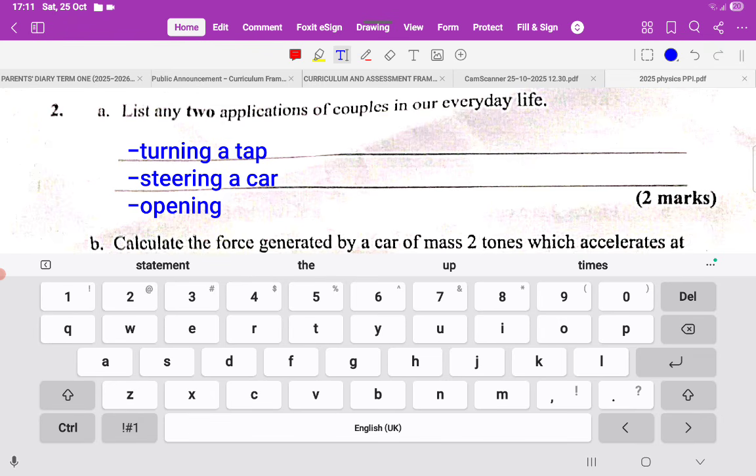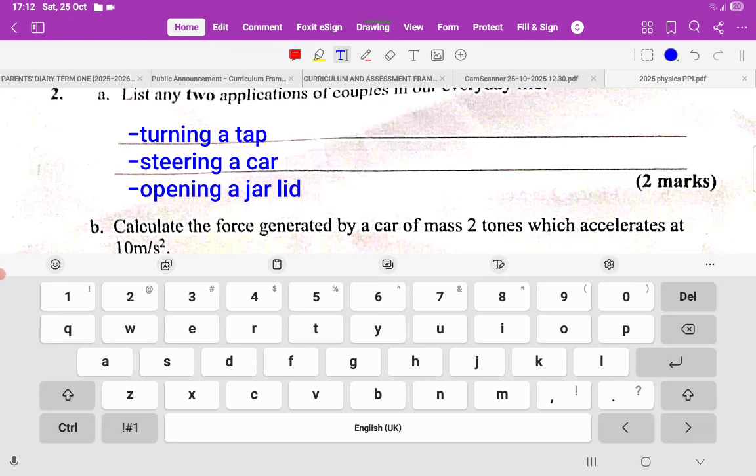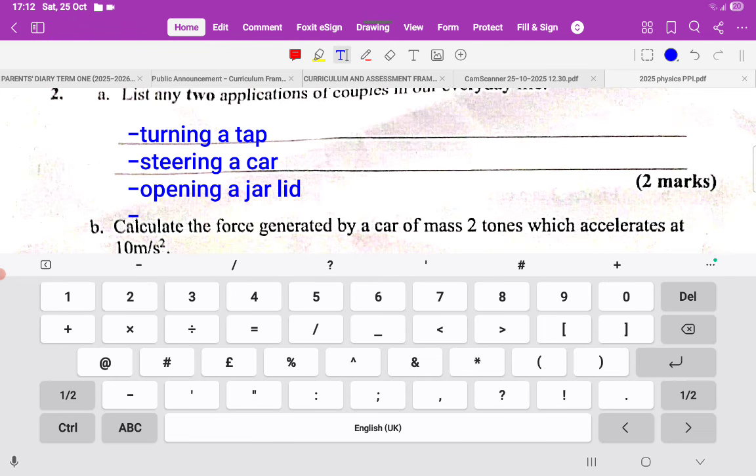Opening a jar lid, for example a bottle that contains sweets or jam. These are applications of moment, applications of couple forces. There are quite a number of them.